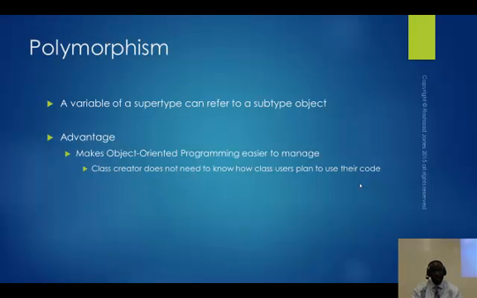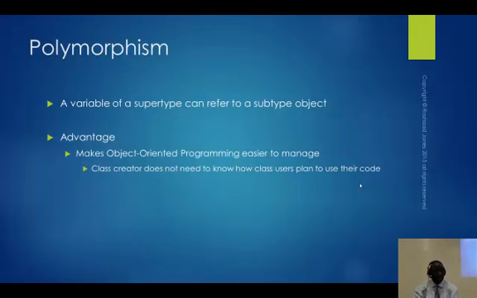Without polymorphism, I need to know how they plan to use their code. Otherwise, there may be some compile errors or runtime errors. With polymorphism, I no longer need to know what's going on.